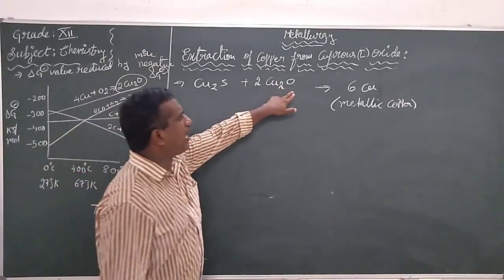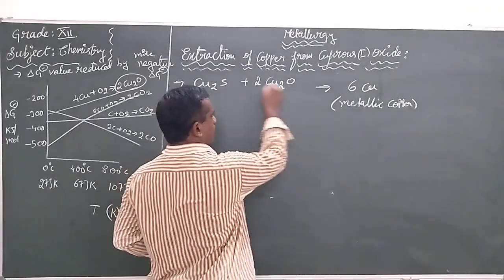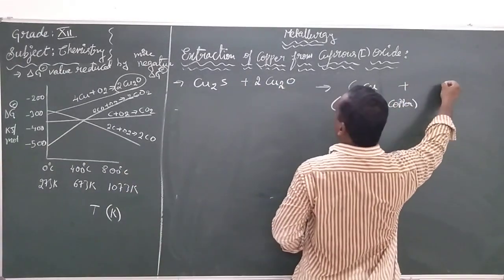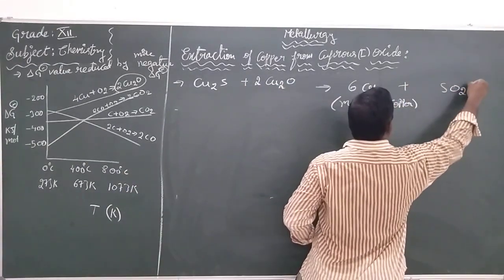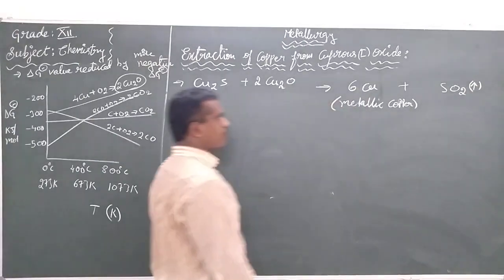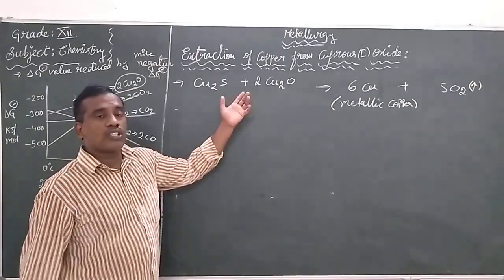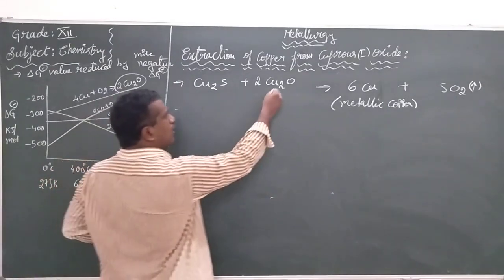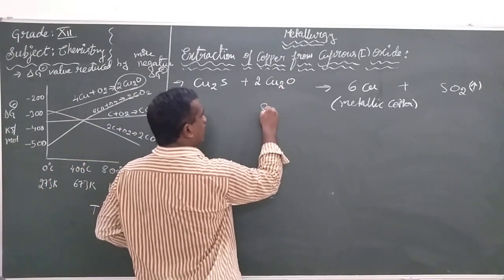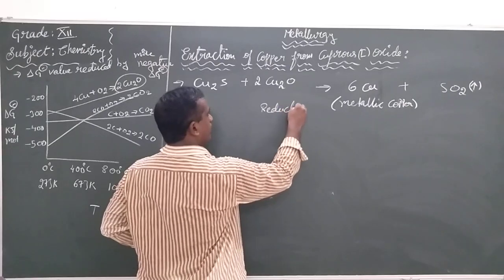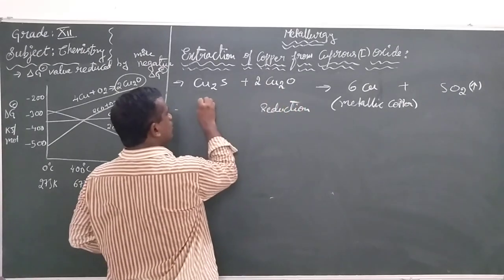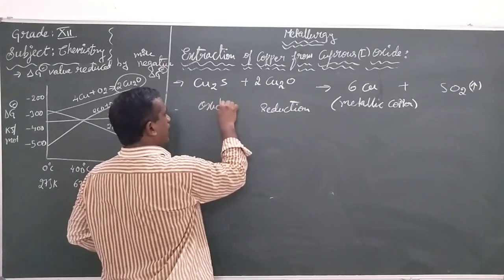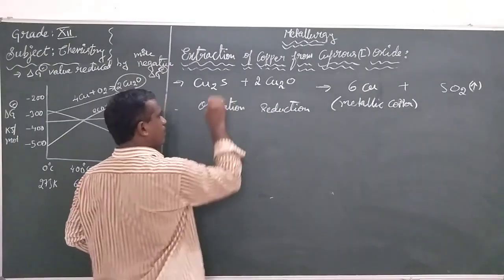And sulfur will undergo oxidation for the formation of sulfur dioxide gas. These both are in the reactants only. What are they undergoing? Cu2O is undergoing reduction and Cu2S is undergoing oxidation.